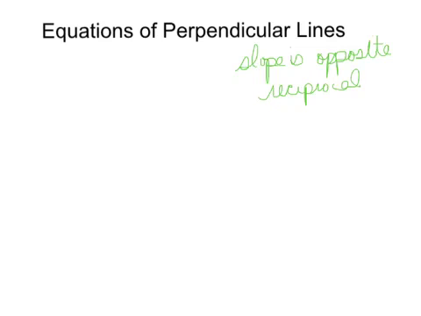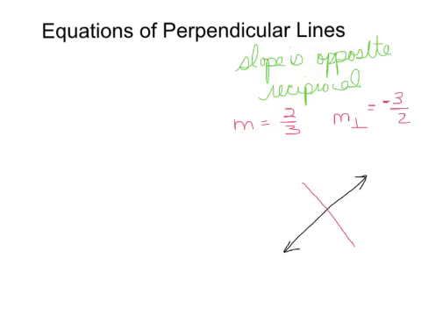What that means is if the slope of the original line is 2/3, the slope of the line perpendicular to it, which is sort of that upside down T, is going to be the reciprocal, which means I switch it and I switch the sign. And the reason I switch the sign is, if I have this being a line and I want to switch it, it's obviously going to switch from a positive value to a negative value, and the difference is dealing with the fact that it's a reciprocal.